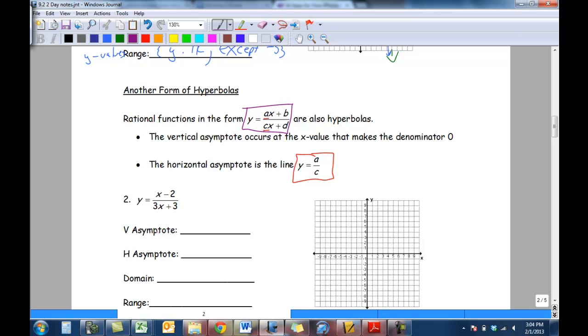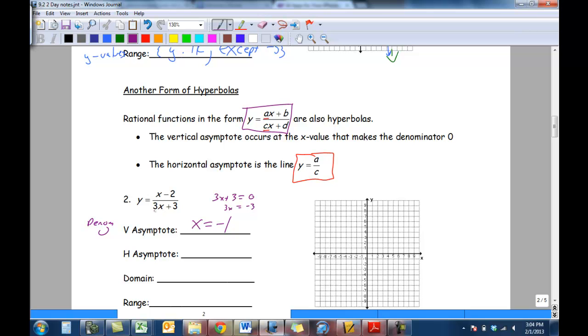The vertical asymptote here, we get the vertical asymptote. What makes the denominator 0? Well, let's see. 3x plus 3 is equal to 0. What makes it 0? 3x is equal to -3. X is equal to -1. If x is -1, that makes this denominator 0. So that means x cannot be that.